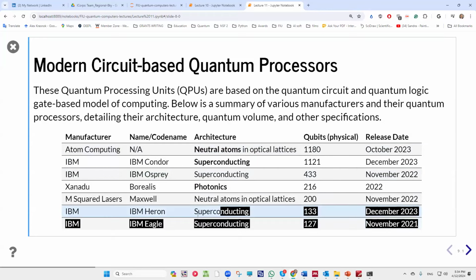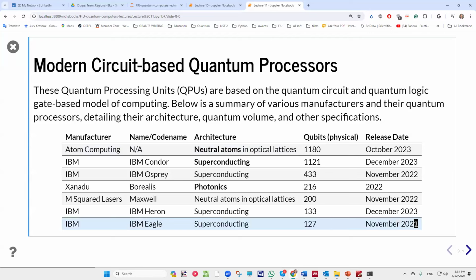Let's say the first time I taught this course was 2021, the year. At that time, we had just roughly around 100 qubits. After three years, we already have over 1,000.